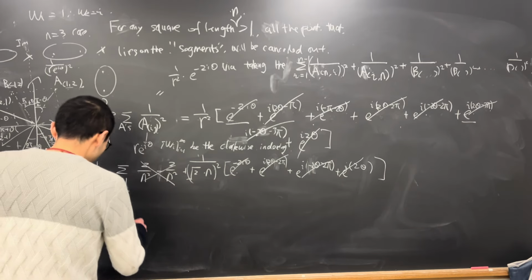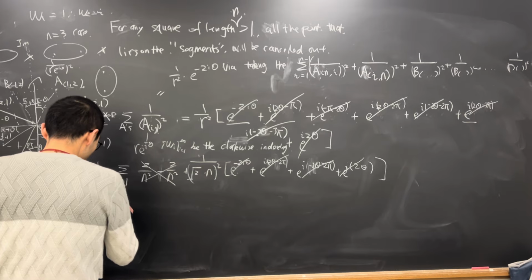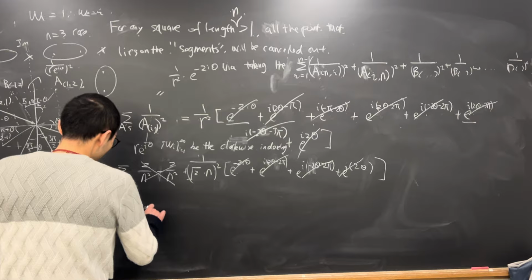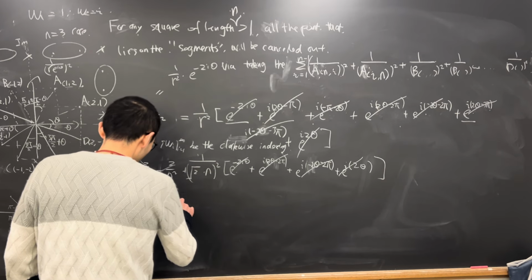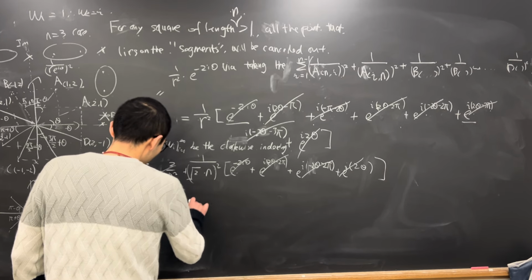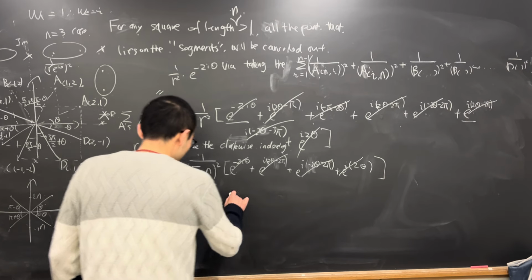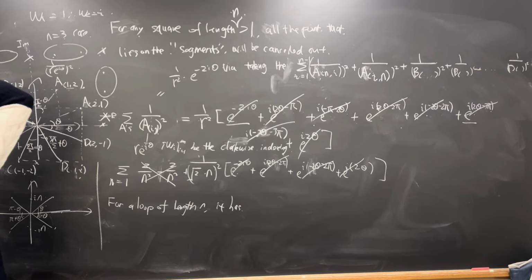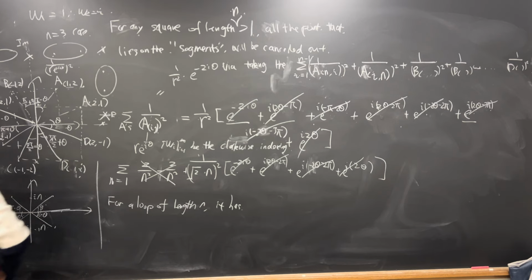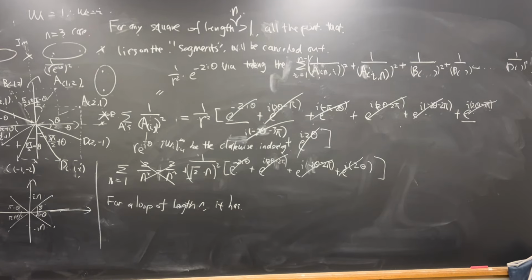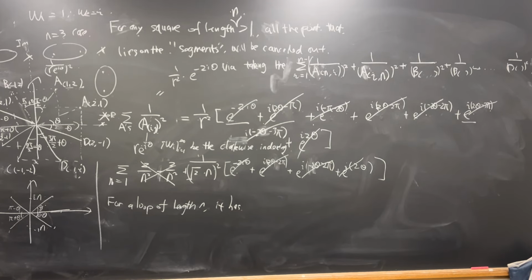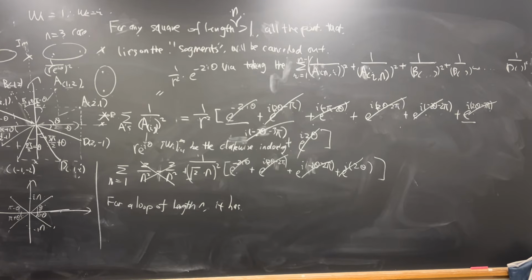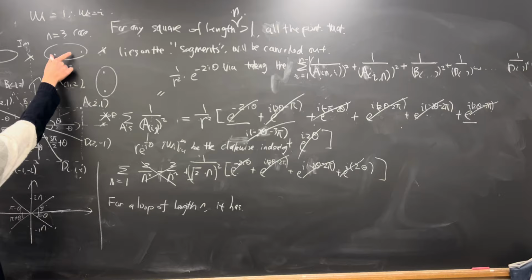What is the maximum bound I can get for a loop of length n? It has how many points? Here you have one. For each of the sides, for each of these segments, you have one.